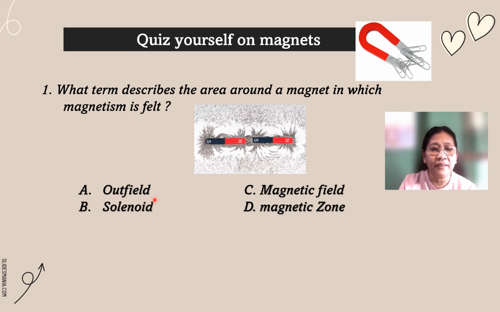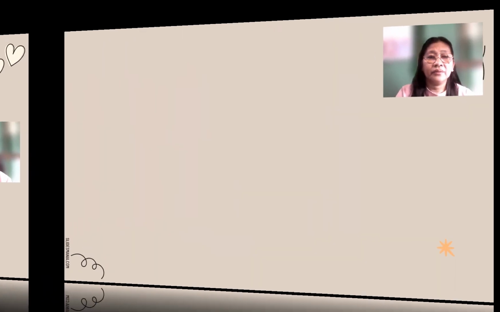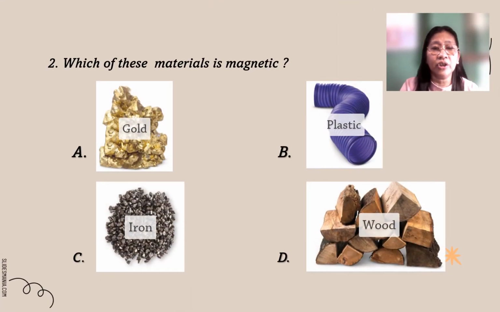A, outfield, B, solenoid, C, magnetic field, D, magnetic zone. Question number 2: which of these materials is magnetic? A, gold, B, plastic, C, iron, D, wood.